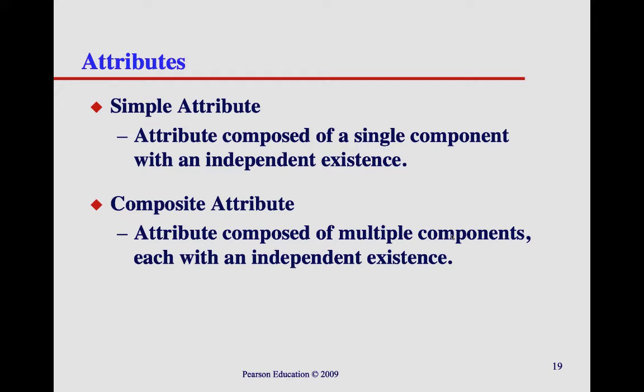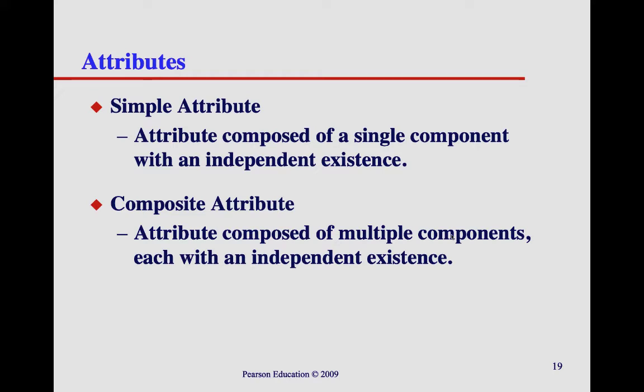Is a date of birth a composite attribute or a simple attribute? Let's have a vote. How many of you think that a date of birth is a simple attribute? Okay, how many think it's a composite attribute?